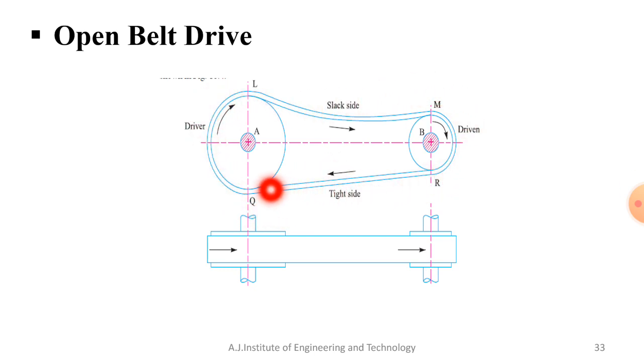But in a cross belt drive, the belt crosses itself, so that is why it is called a cross belt drive. Here there is no crossing at all. This type of belt is usually used when the driver and driven pulleys rotate in the same direction. That is one of the important characteristics of the open belt drive.